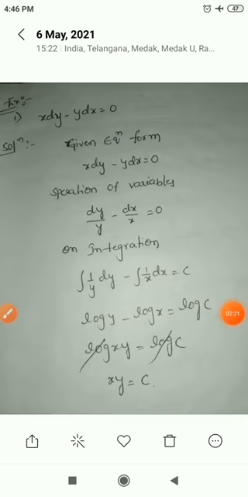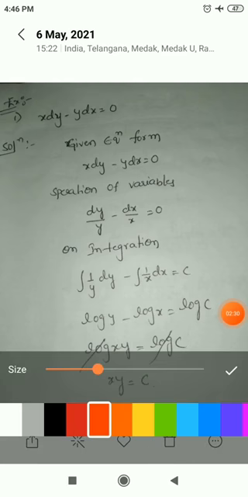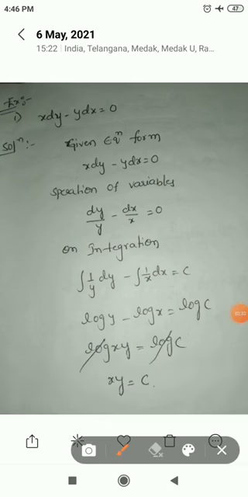Here is one example of solving a given differential equation by using the variable separable method. What is the given equation? x dy minus y dx equals 0. How do we solve it?